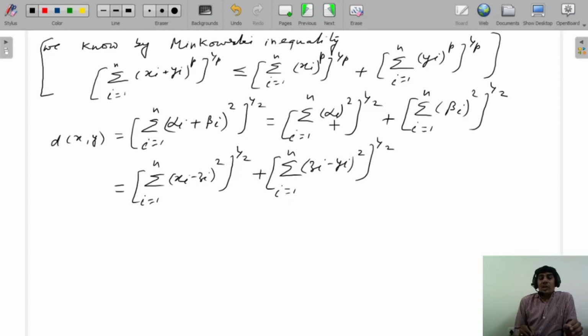We have to put the value of alpha i and beta i: alpha i is equal to xi minus zi and beta i is equal to zi minus yi.